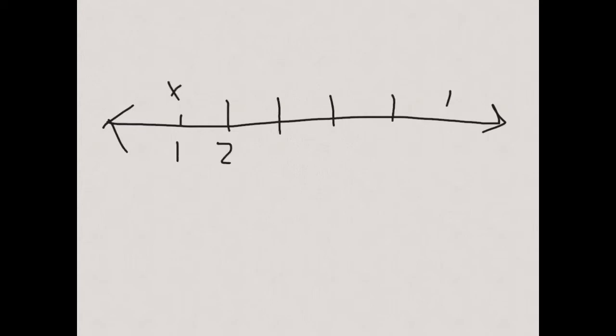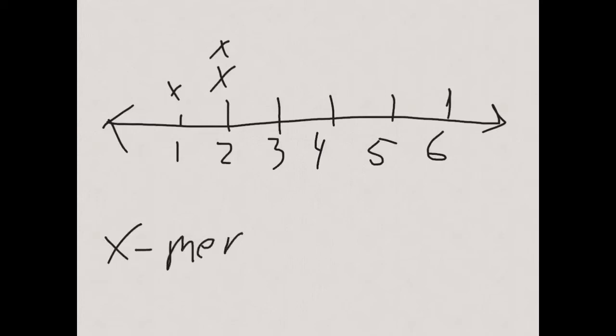Say I have 1, 2, 3, 4, 5, 6. And let's say these are the times for the new X-Men movie. Do I see anywhere there's a significant change in attendance?